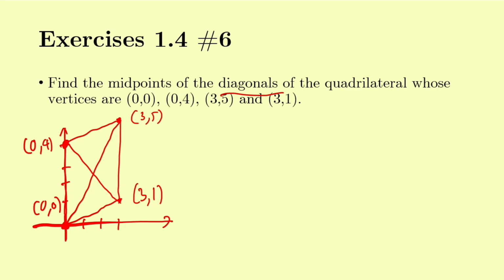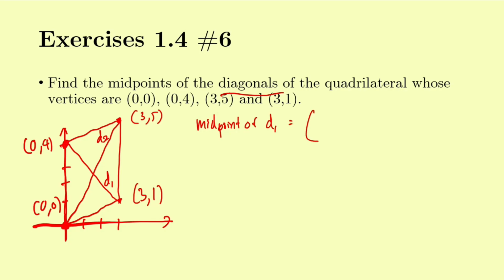We will use a midpoint formula. So for 0, 4 and 3, 1, let's label this as D1 or diagonal 1. And for 0, 0 and 3, 5, let's label this as D2 or diagonal 2. So for D1, we will compute for its midpoint. Let's write midpoint of D1.